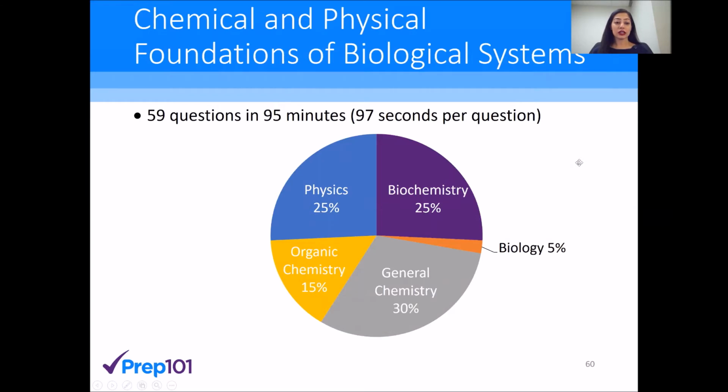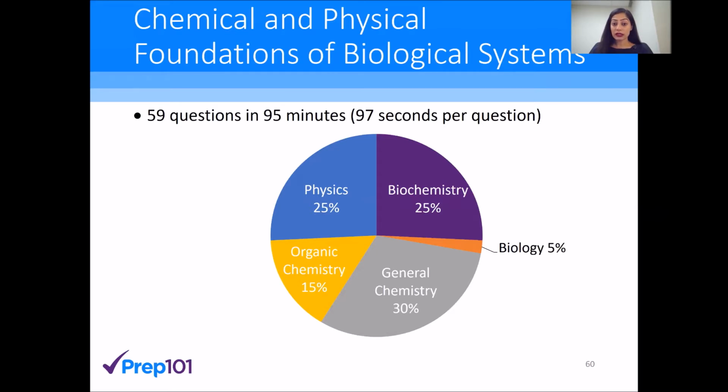Okay, let's go on. The first section that you will see is called the Chemical and Physical Foundations of Biological Systems. This section is going to be 59 questions, which you have to answer in 95 minutes over a series of 10 passages. Now, if you divide that 95 minutes up between the 59 questions, that basically gives you 97 seconds per question. Now, I do want to offer you a little bit of caution here.